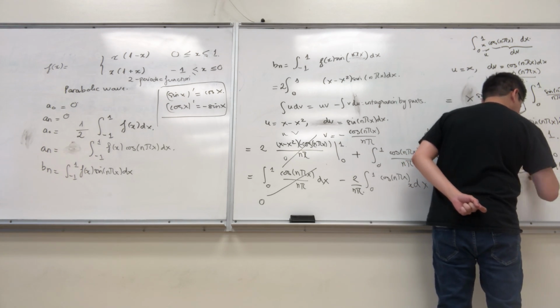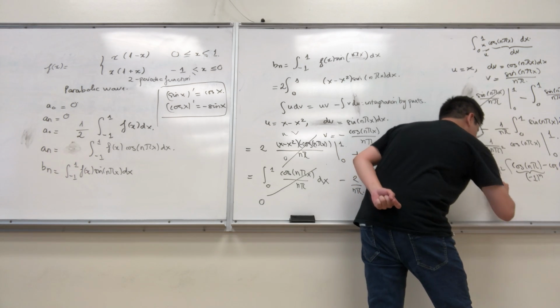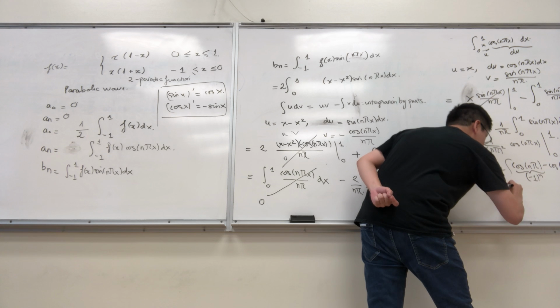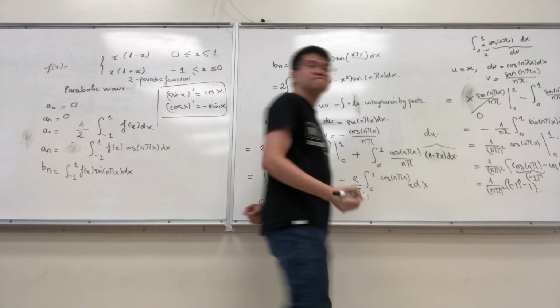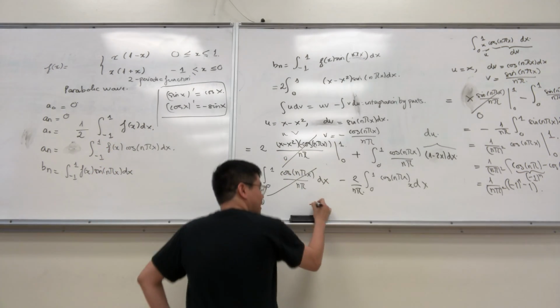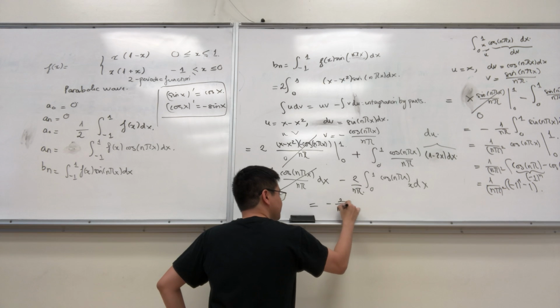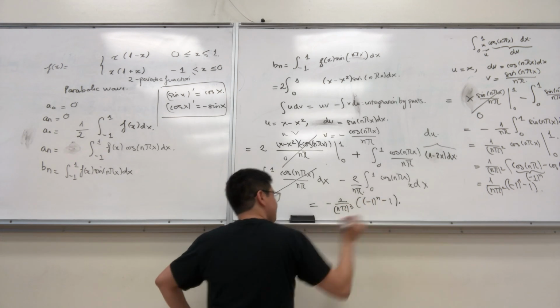So this is negative 1 to the power n. This gives me 1 over n pi squared, times negative 1 to the power n, minus 1. So I replace it here, and I'm going to get minus 2 over n pi to the power 3, times negative 1 to the n minus 1.